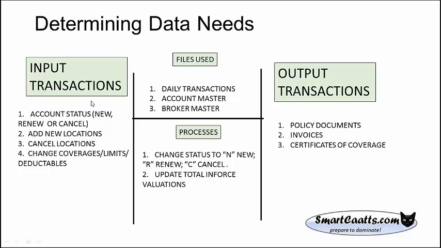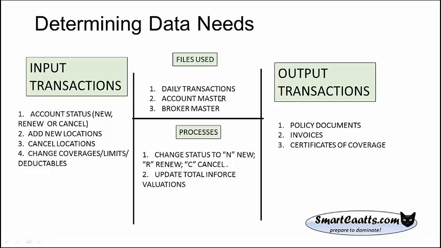So there's the input side and the output side, this is just a work tool for you, and then start identifying those key processes. We want to know if the status is changing. Now, the account master is basically what the sales team and senior management use to track the total in force.